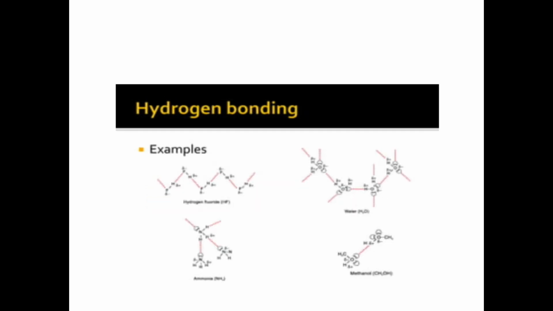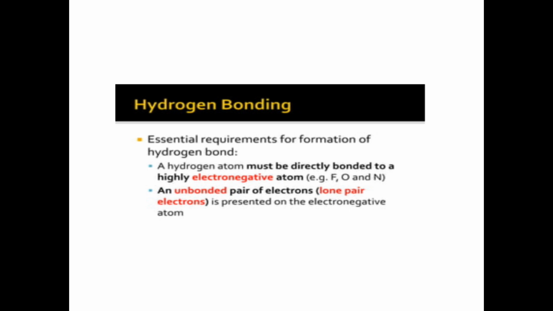Now before we go into this, let's take a deeper look again at this hydrogen bonding. Note that the highly electronegative elements that we are talking about have a very strong affinity for electrons.